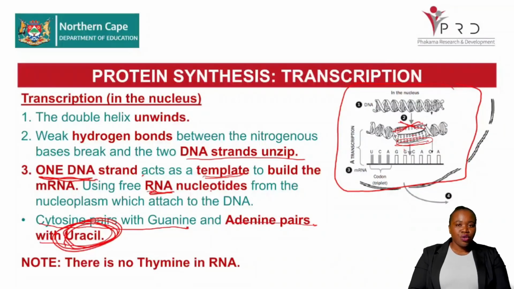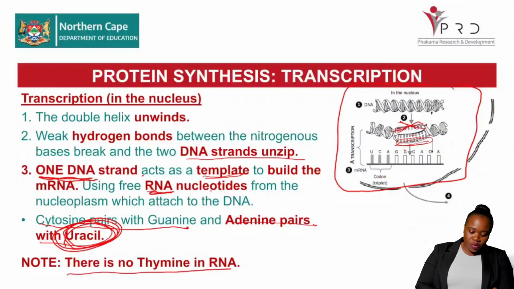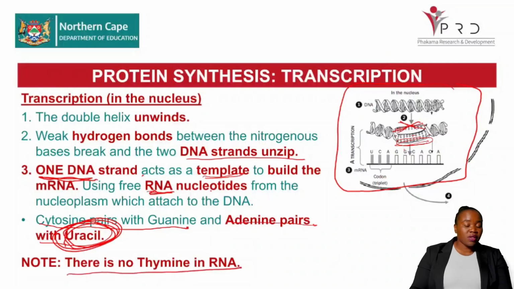Adenine pairs with uracil, or uracil pairs with adenine, because we are forming mRNA. We do not expect to see thymine being one of the nitrogenous bases on the RNA nucleotides. So you should remember that there is no thymine in RNA.